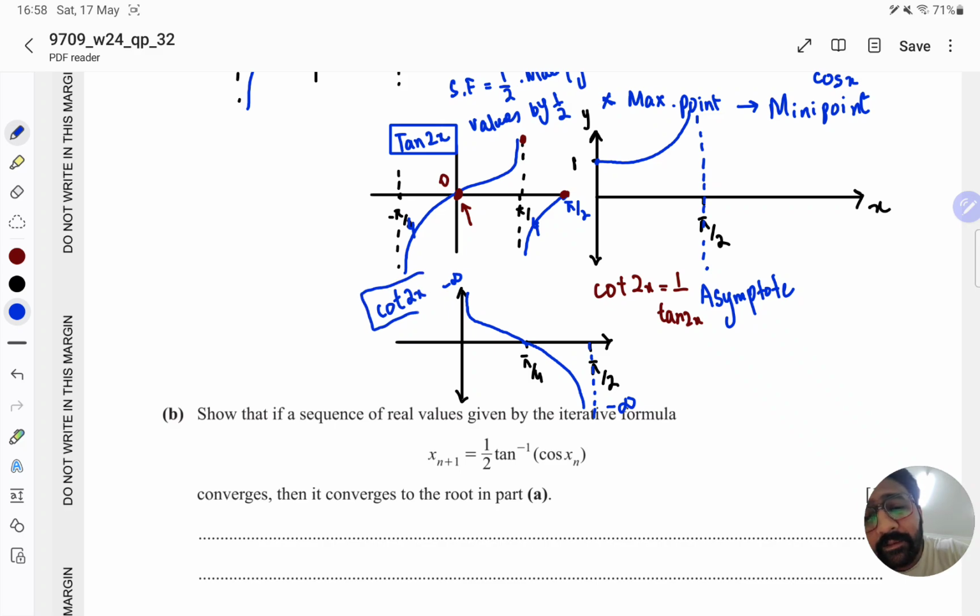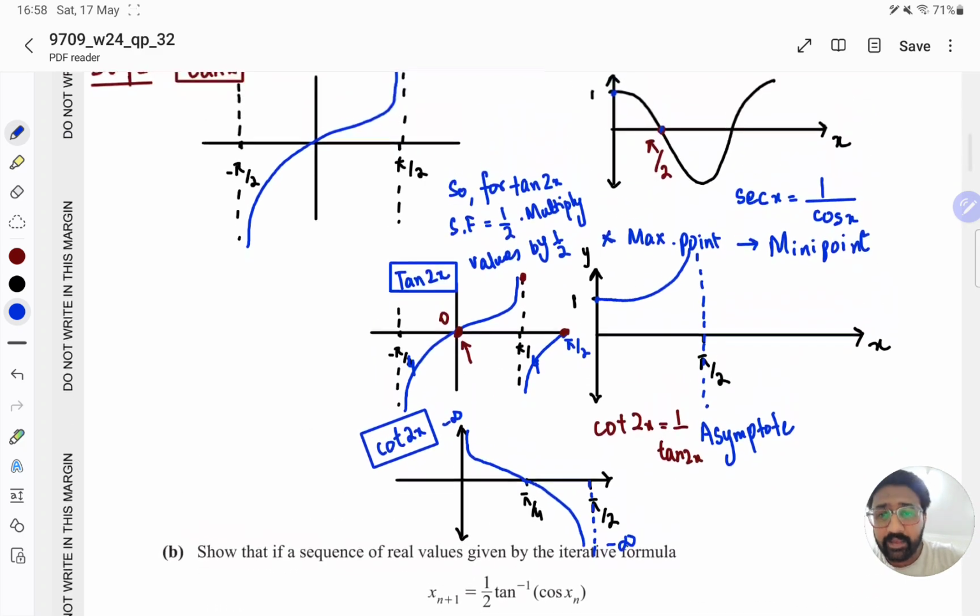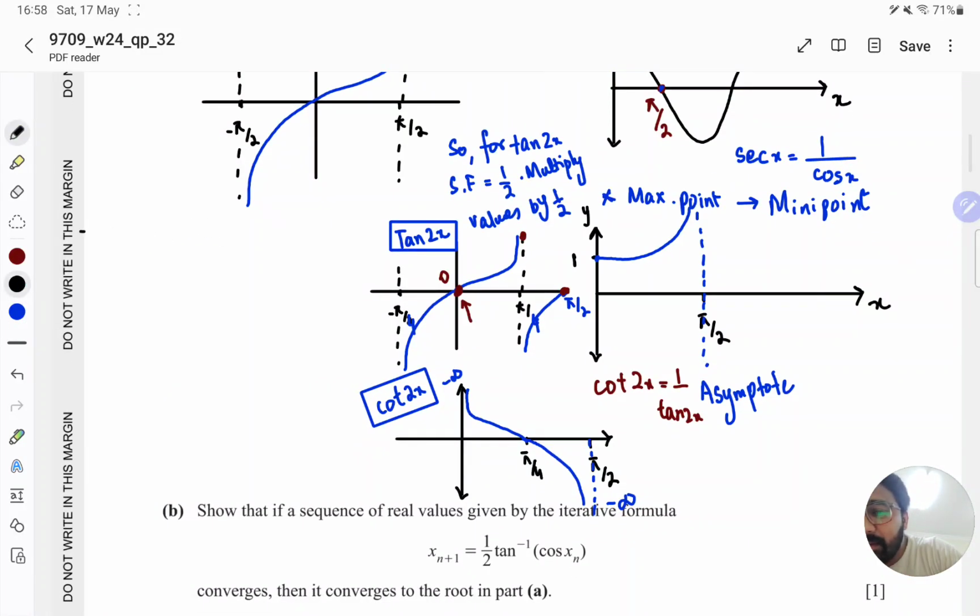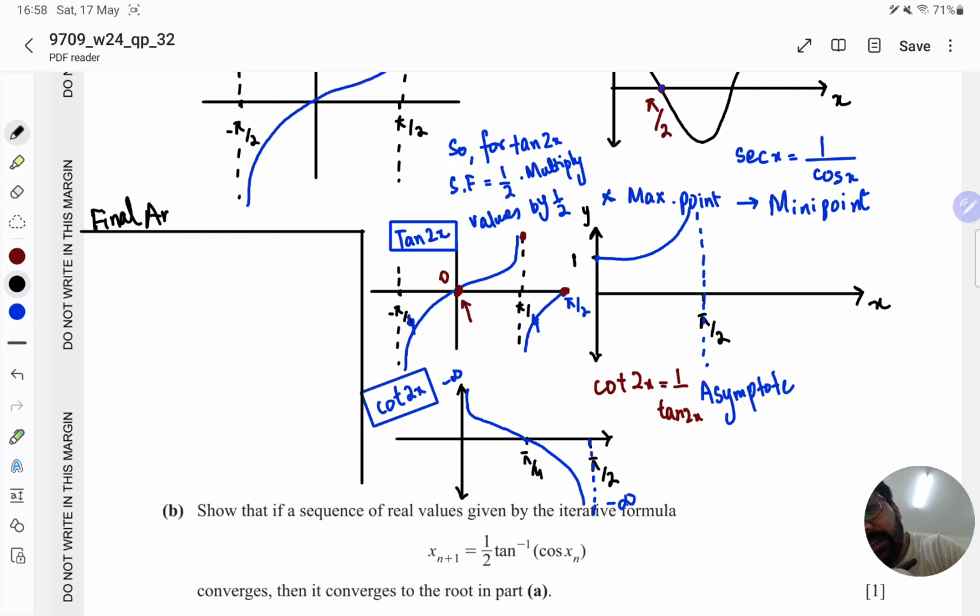Cot 2x. Now we need to make the graph of both of them together. Let me do it over here on the left side. I have to draw both the graphs together so that we can see that there is just one intersection, and one intersection would mean that there is just one root.